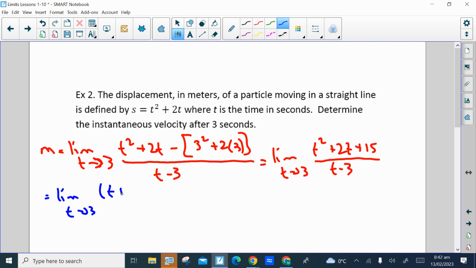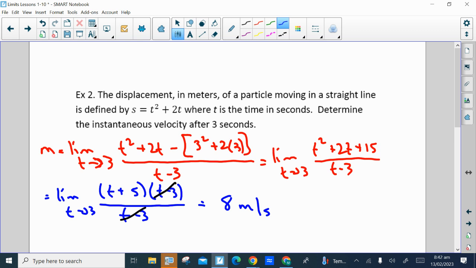It'll be (t plus 5)(t minus 3), and the t minus 3's cancel. We've now gotten rid of that factor of t minus 3 on the bottom, and we can evaluate the limit when t is 3. 3 plus 5 is 8, and that would be in meters per second.